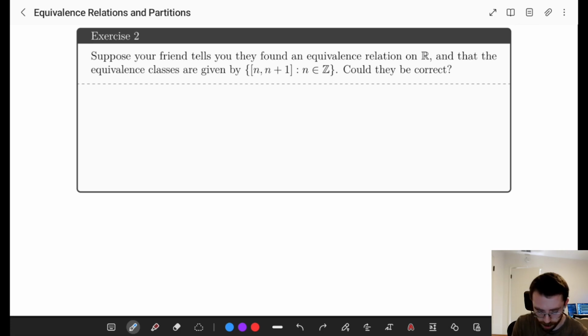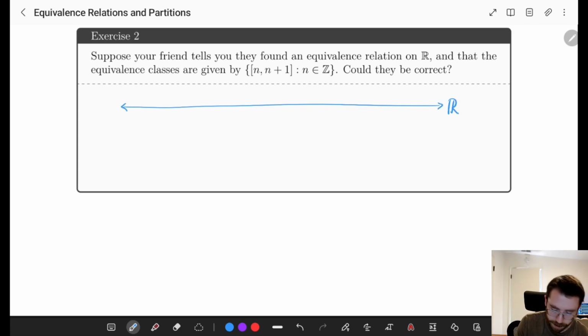Well, let's think. We're thinking about the real number line, going off to infinity in either direction. And we have some integers on here. Just draw some of them in.